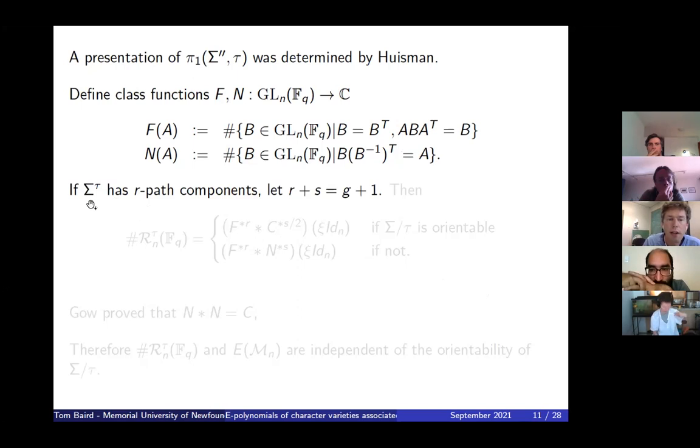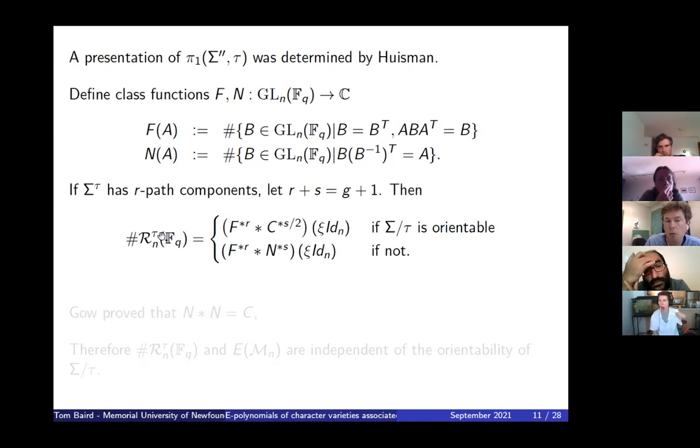Now, if the fixed point set of this involution has R many path components, then I claim that the point count of this variety over the finite field can be expressed as follows. If the orbit space is orientable, then you take R many copies of F and S over 2 many copies of C, where S is given by this equation.